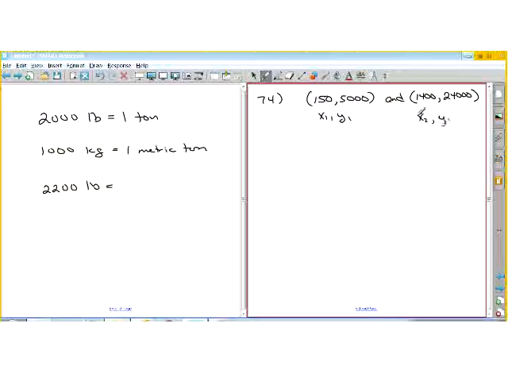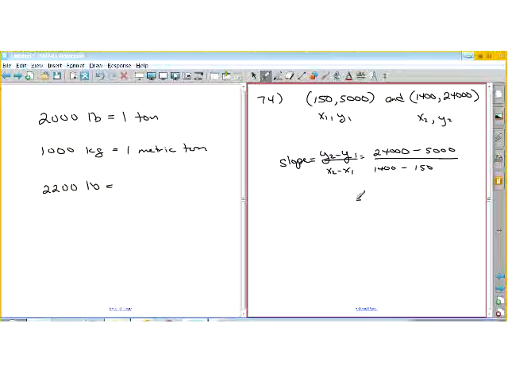So x1, y1, x2, y2. So the slope is y2 minus y1 over x2 minus x1. y2 is 24,000, y1 is 5,000, x2 is 1,400, x1 is 150. So I'm just going to do this in decimal form.